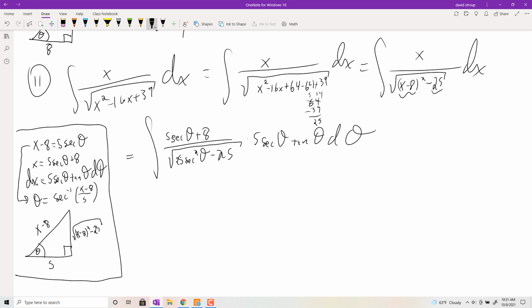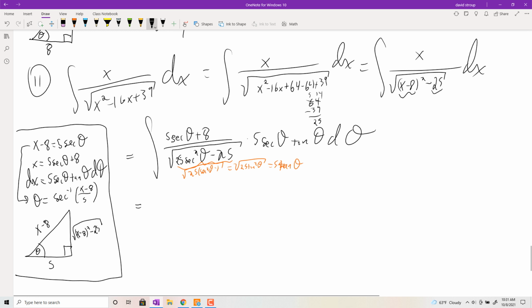Lost my d theta in there. And then we can kind of simplify this, right? So that's the square root of 25 times secant squared theta minus 1. That'll be the square root of 25 tan squared theta. And of course, that will be 5 tan theta, sorry. Square root of tan squared is tan.